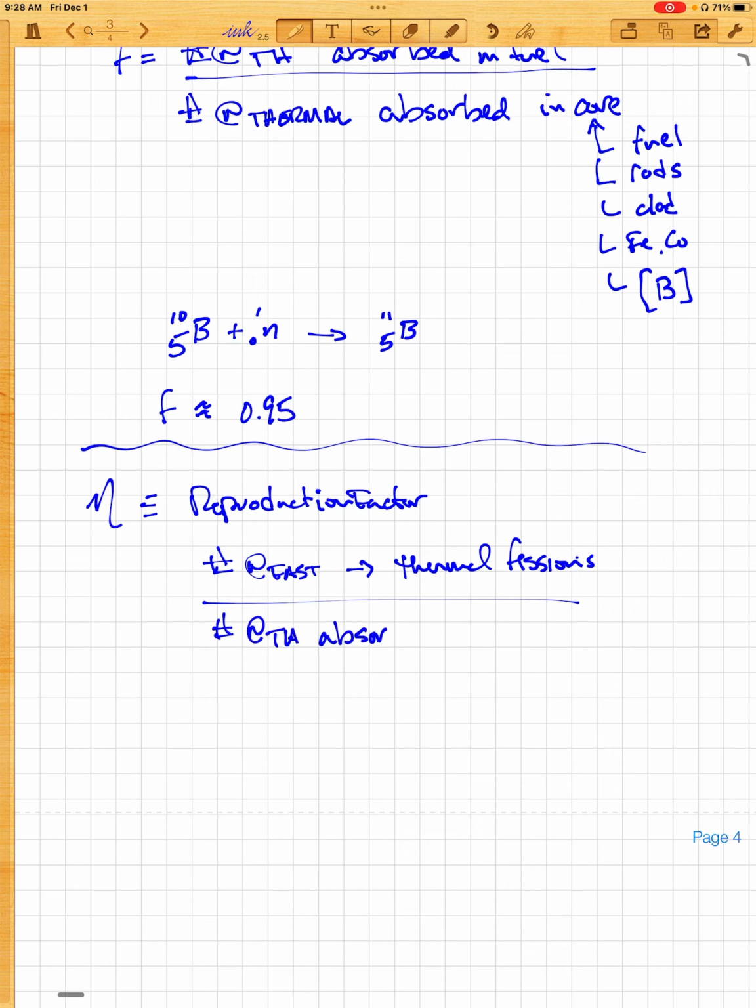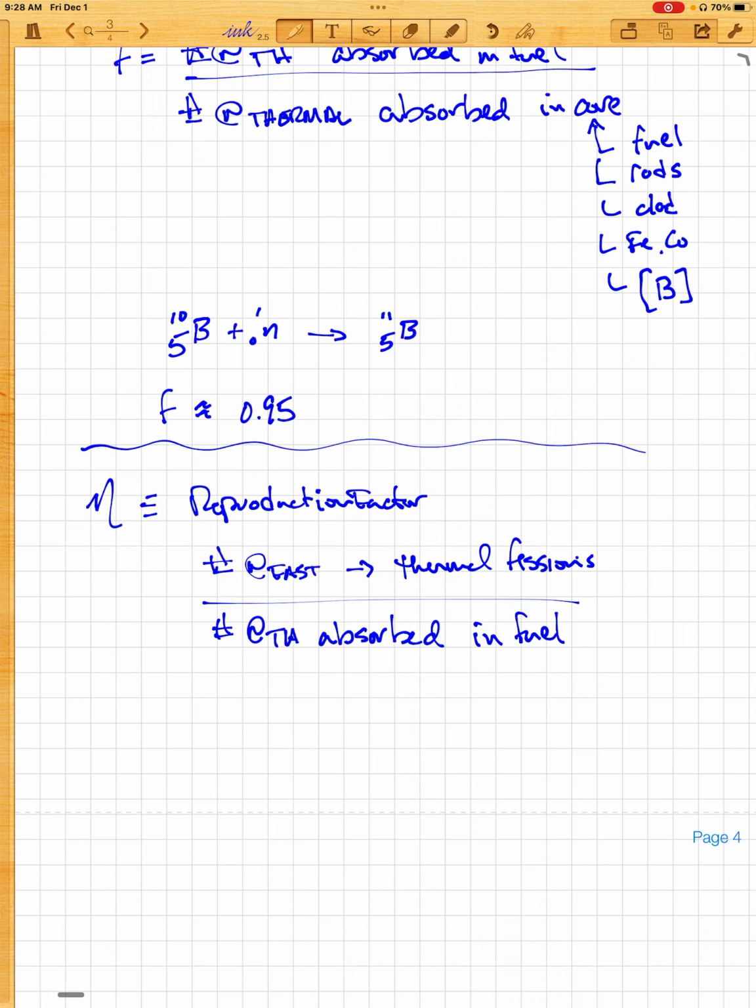Not all thermal neutrons that go into the fuel result in fissions. Isn't that sad? This number is typically going to be about 1.45-ish, but there's really nothing you can do about it as an operator.